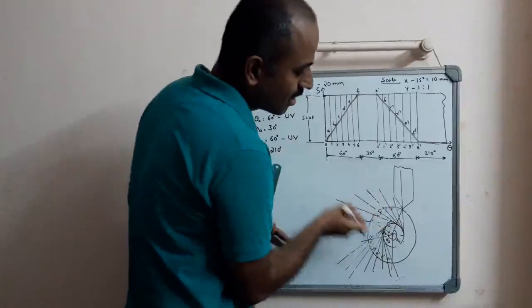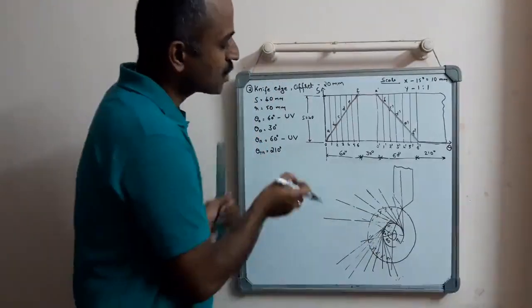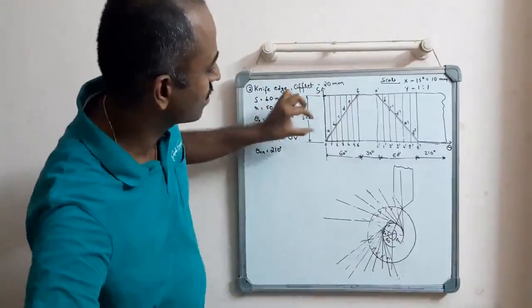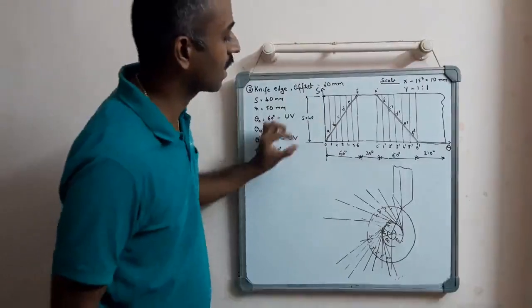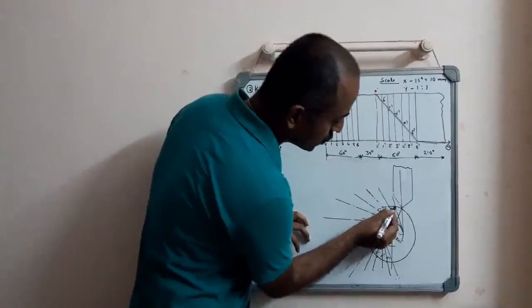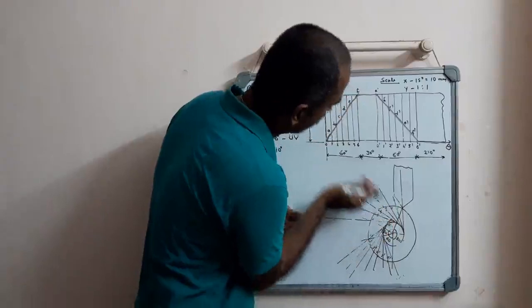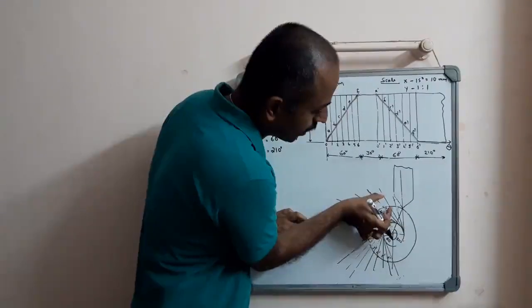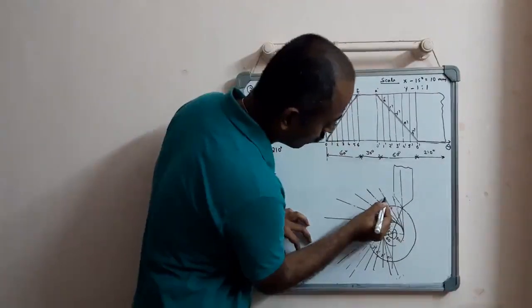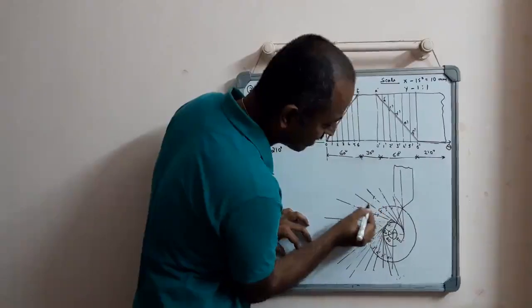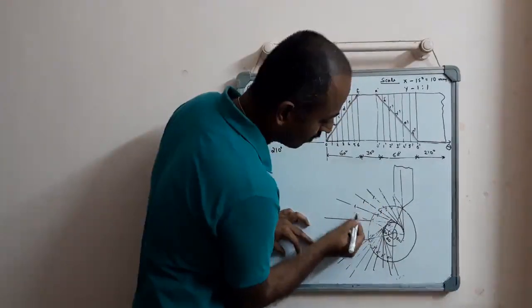On these tangent lines, transfer the corresponding distance from the displacement diagram, 1a. So this is 1 and 1a, 2b, 3c, 4d, 5e, 6f.